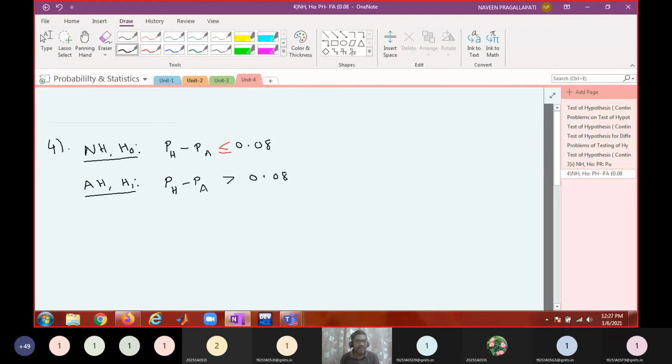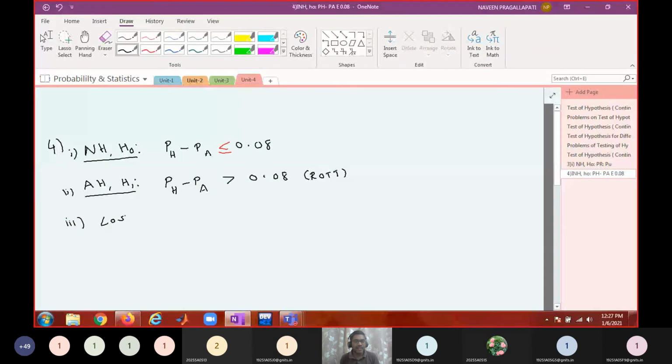So what test do I have to apply? Right one-tail test, since PH is greater than PA. Okay. So what is the critical value?